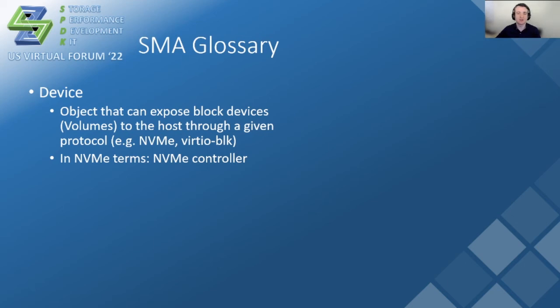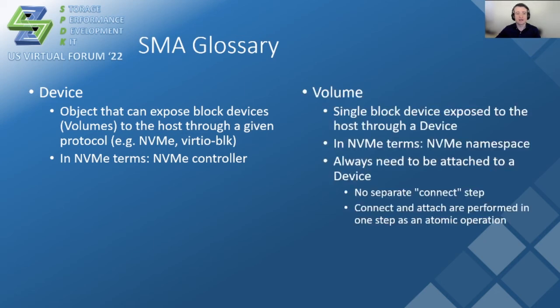So in NVMe terms, a device is equivalent to an NVMe controller. Then we have a volume. This is a block device that's exposed to the host through a device. So in NVMe terms, this would be an NVMe namespace.